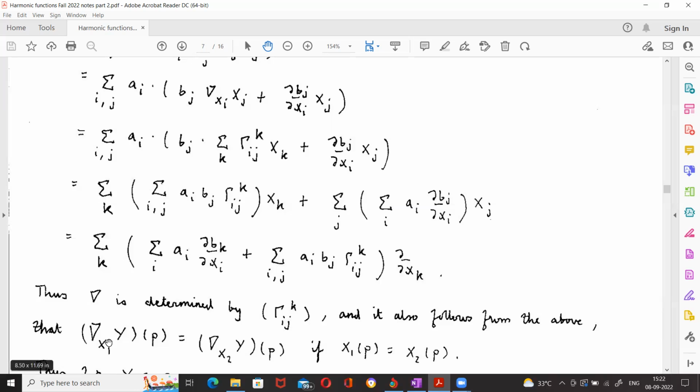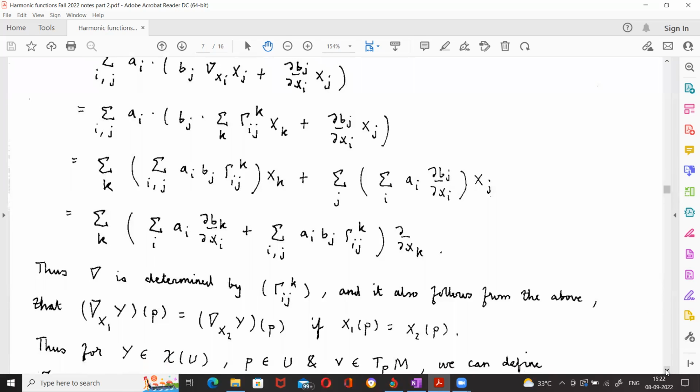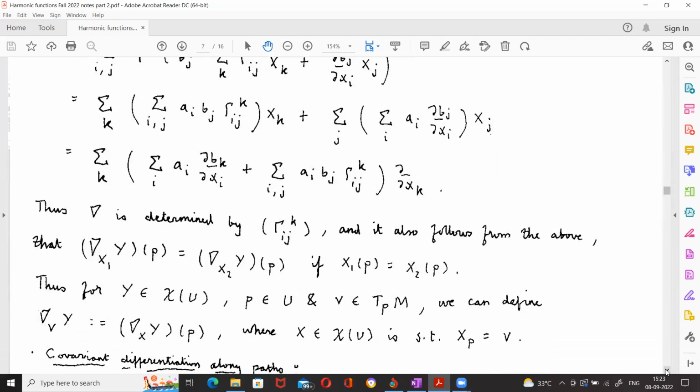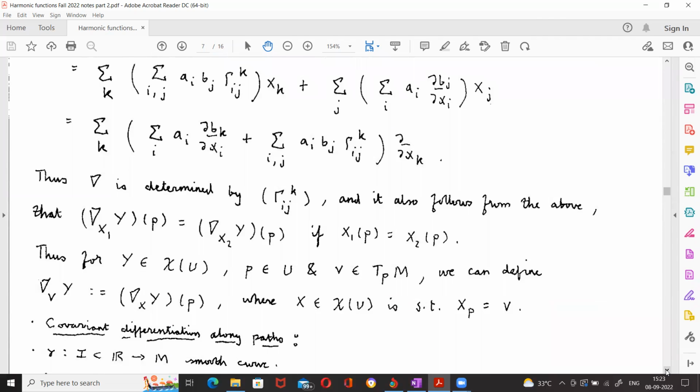Because the coefficients of X1 and X2 will be equal at p. And this only depends on the values of the coefficients at p. Is this clear? Yes, sir. Okay.